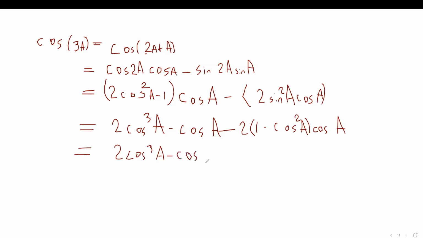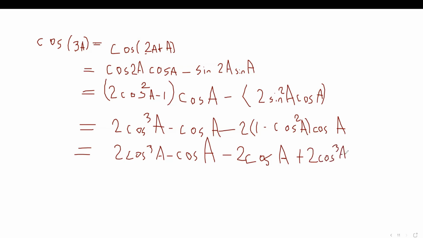Then expanding this right-hand side, I like to do it in one step. Negative 2 times 1 is negative 2, times cos a. That's minus 2 cos a. Then we multiply the negative 2 times minus cos square. We're going to get plus 2 cos square, but then cos square times cos a is cos cube a, so we'll get plus 2 cos cube a.